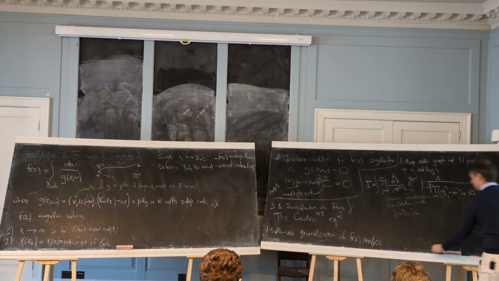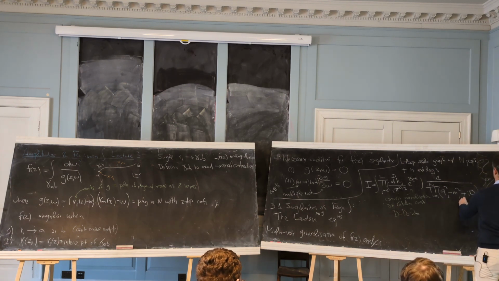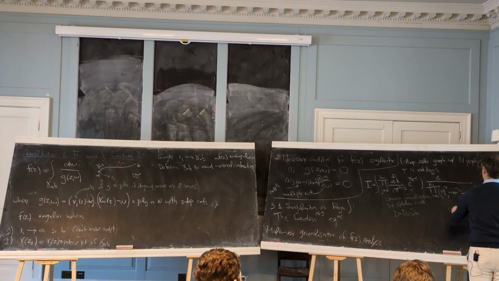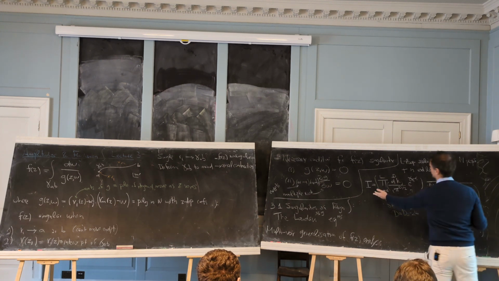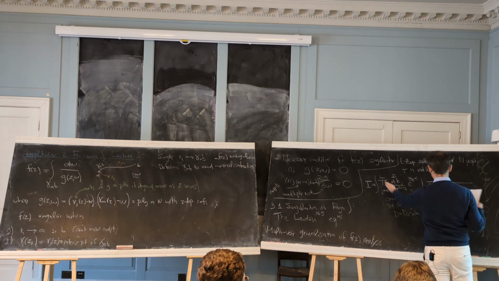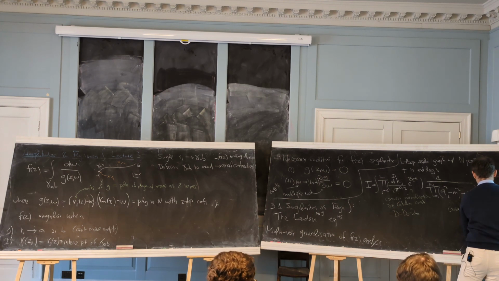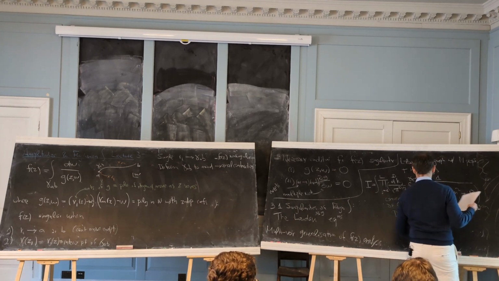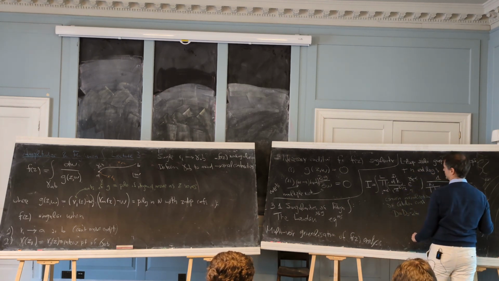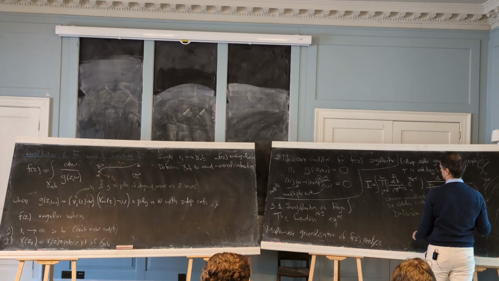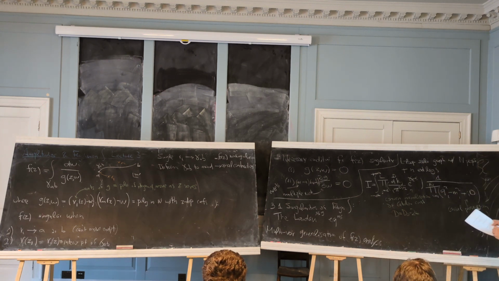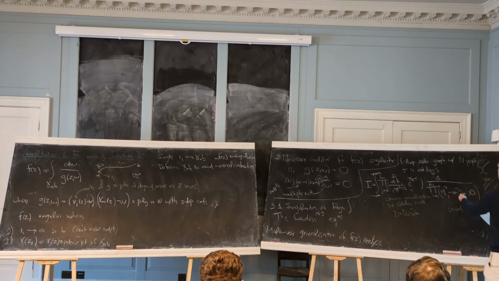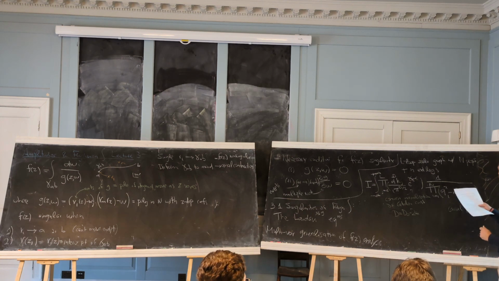This is the causal prescription. This object has a pole right on the integration contour, in Minkowski space, so from minus infinity to infinity. And these are the masses of the propagators.